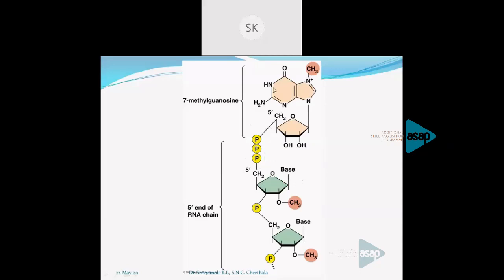Usually in the sugar phosphate backbone, in either DNA or RNA, the 5' carbon bonds with a 3' phosphate group, a 3' OH group. Here, in 5' capping, the 5' of the guanosyl is attached to the 5' of the first nucleotide, forming the 7-methyl guanosyl cap.